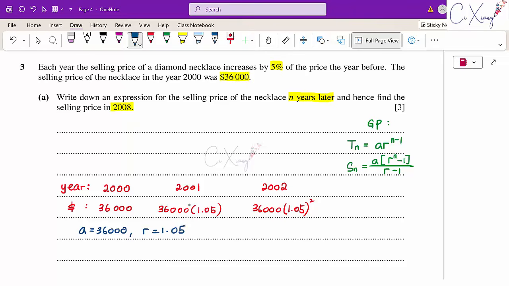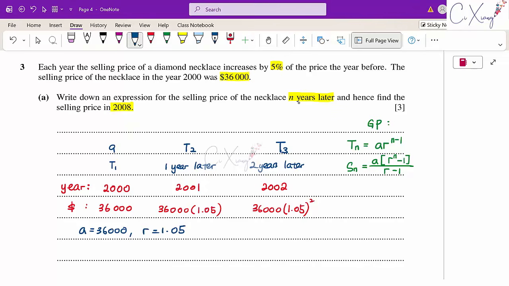For year 2001, we will call it 1 year later. And this 1 year later is what? The 1 year later means T2. Then this is T1, the first term, T1 or the A. Then 1 year later means T2. 2 years later means what? 2 years later means T3. Correct? Because this is the third term already, right?